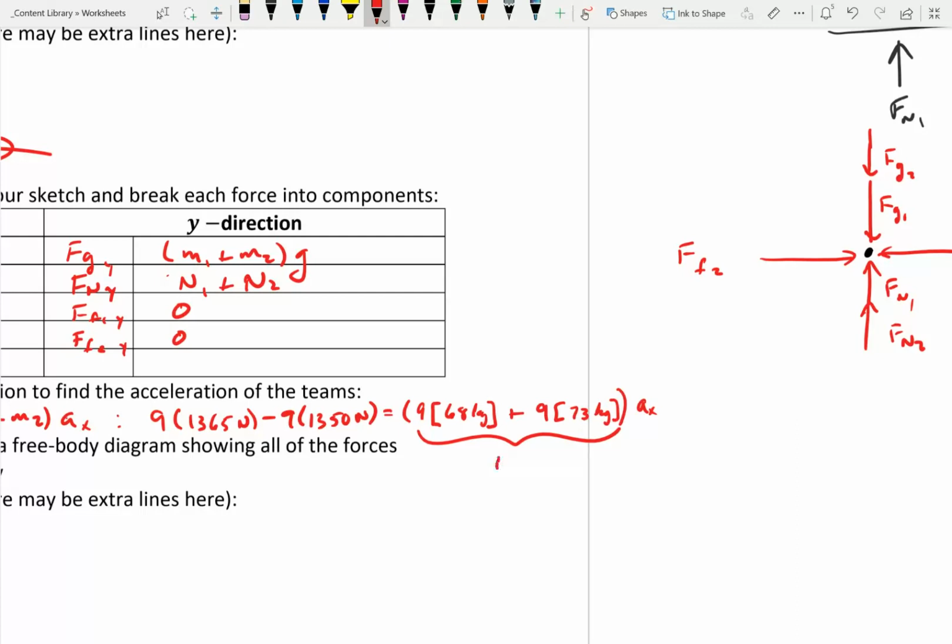So combined, that's 1269 kilograms. And the combined forces are going to be 12,150 for team 1. That's the second one, the negative. And 12,285 for team 2. And so when you combine those, remember it's subtracted. So team 2 minus team 1 gives me 135 newtons.